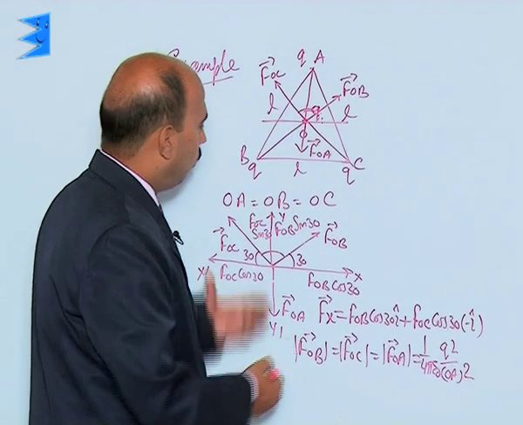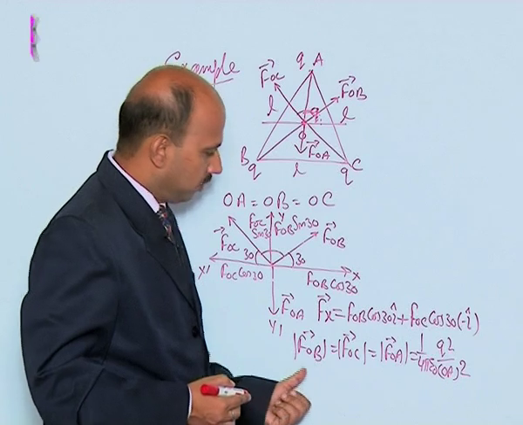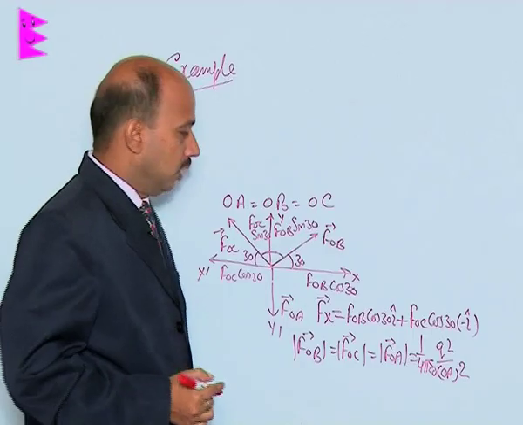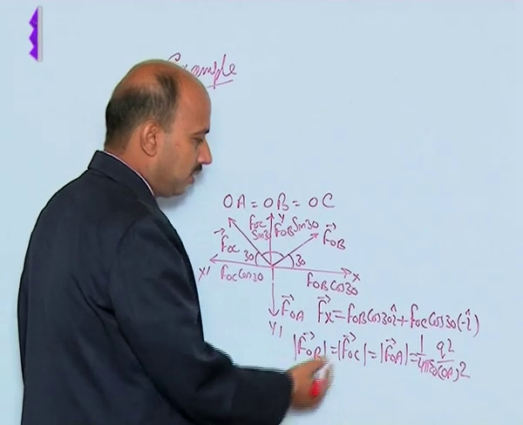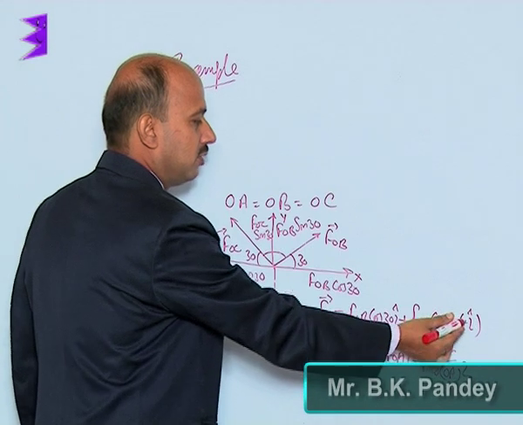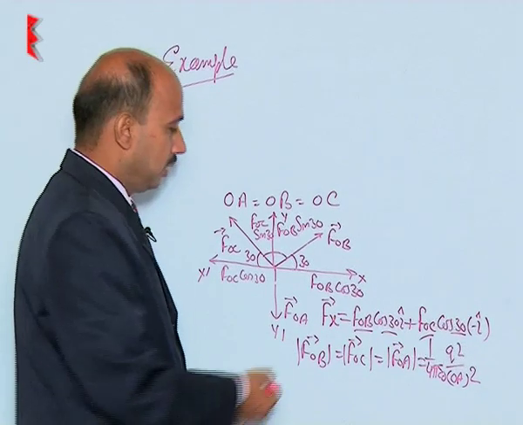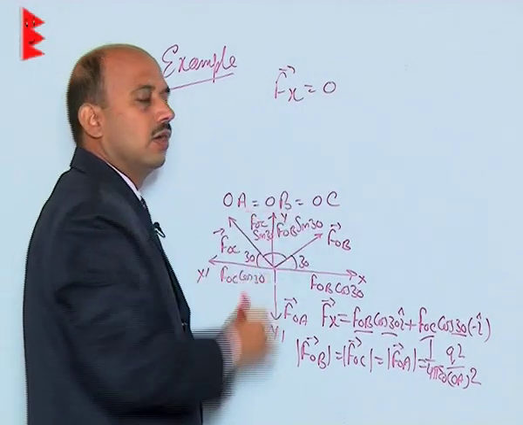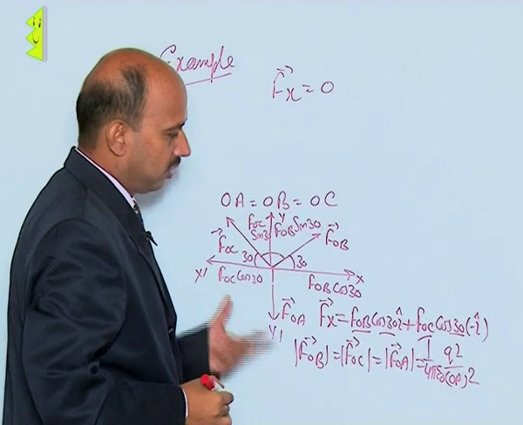So see here OA, OB, OC are equal, therefore the magnitude of the forces will be equal. So we can calculate this Fx. We know FOB, FOC are equal, cos 30, this is minus i cap, this is i cap. So we can write Fx is equal to 0. So net force along x axis is 0.